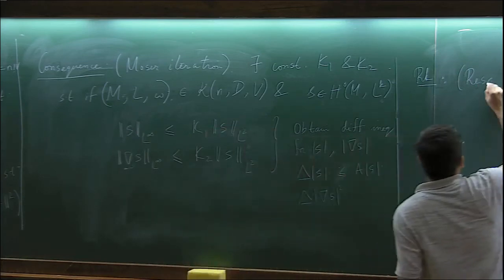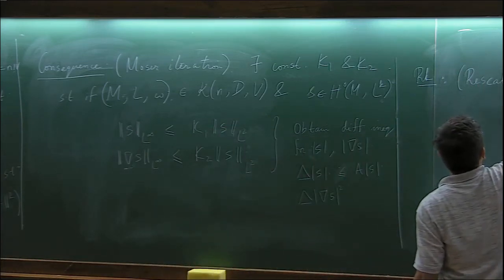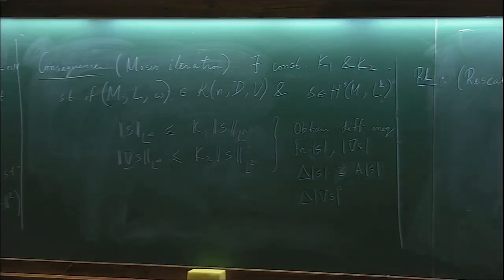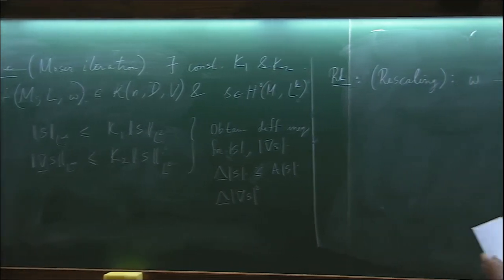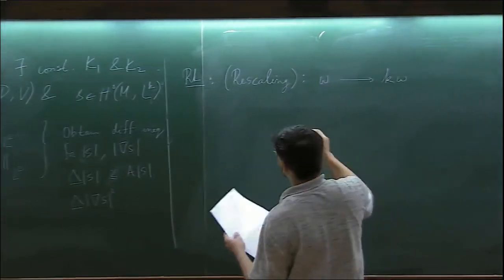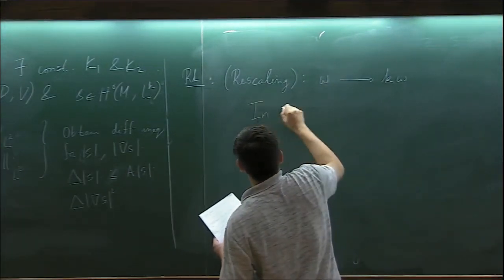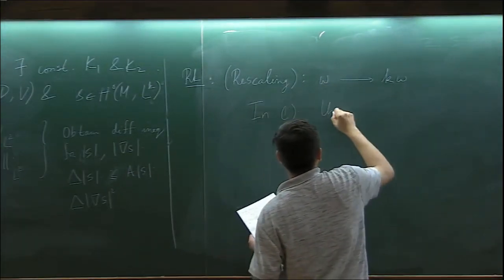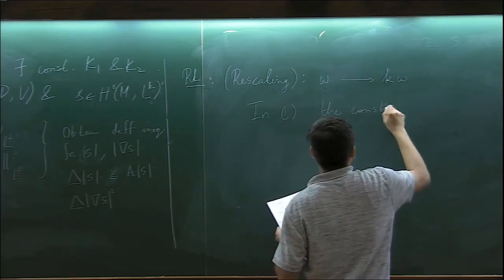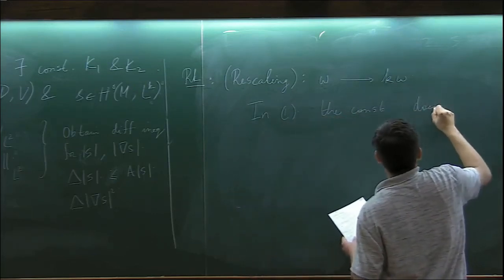Let me make a quick remark about rescaling, because we are going to do a whole lot of rescaling in the rest of the talk. Suppose you have your metric omega and you rescale to k omega. The idea is that in the Bishop-Gromov inequality, the constant doesn't change.